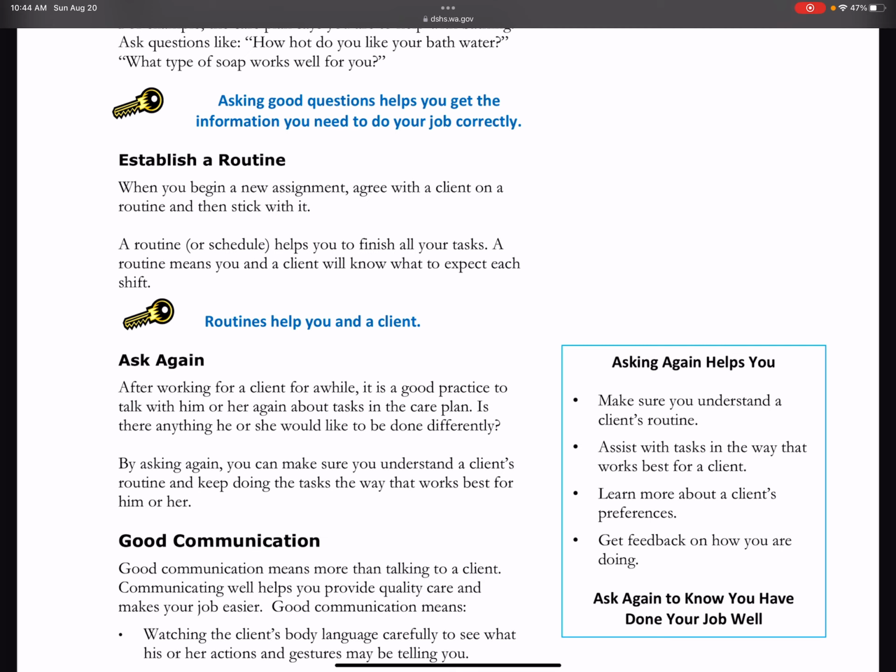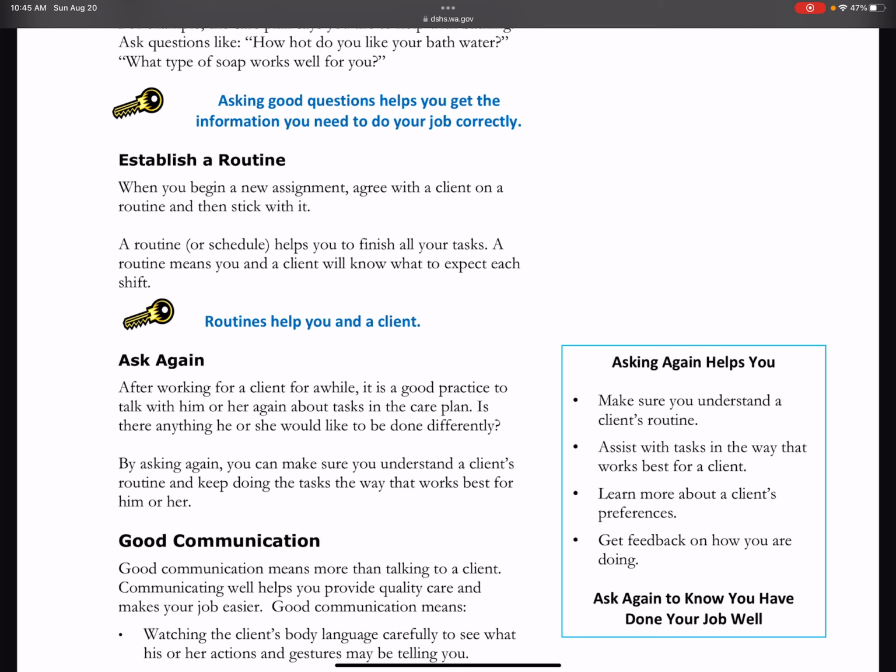Ask questions specific to the task. For example, do you prefer a bath or a shower this morning? Ask questions that are open-ended rather than questions that can be answered yes or no. For example, asking, what would you like for breakfast? will get you better information than asking, do you want breakfast now?